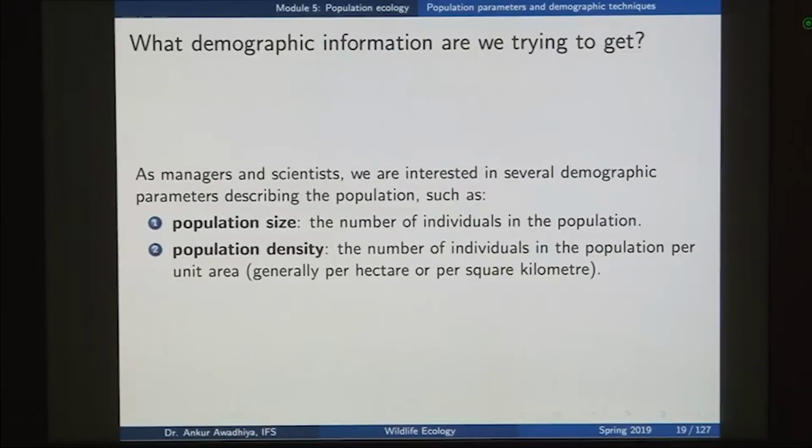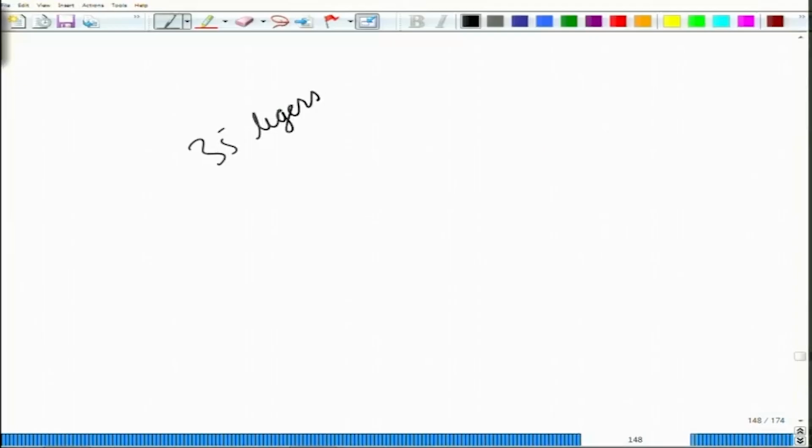Now, in place of population size, we could go for the population density. Population density is the number of individuals of the population per unit area. So, if say Panna Tiger Reserve has an area of 350 square kilometers, in that case we would say that we have 35 tigers in 350 square kilometers.